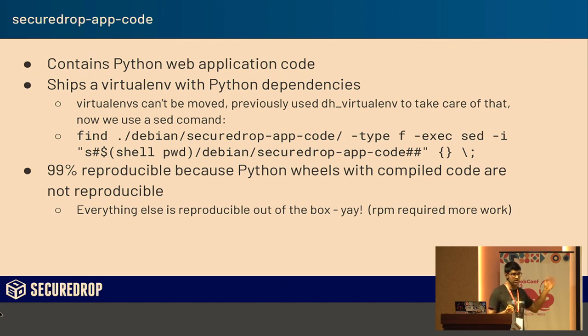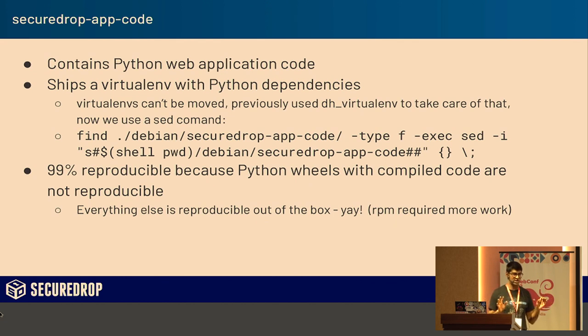So now we use this one-line sed command that I spent 10 minutes writing and perfecting, which is really great. Our package is 99% reproducible, and it's because Python packages with compiled code in them, like C code, are not reproducible, and everything else is reproducible out of the box, which is fantastic.